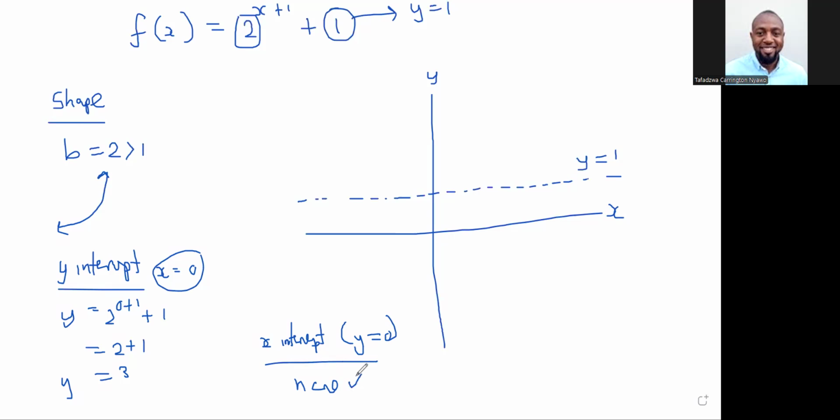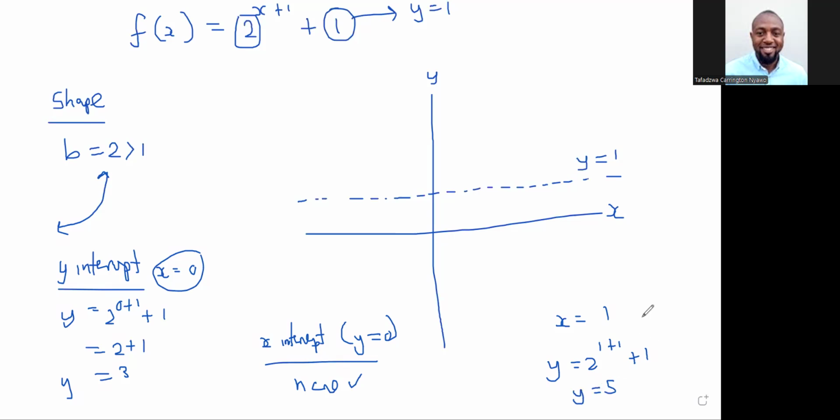After that, I will look for another point or two. I'm going to choose x is equal to 1, then sub in that 1. This is going to be 5, so y is equal to 5.